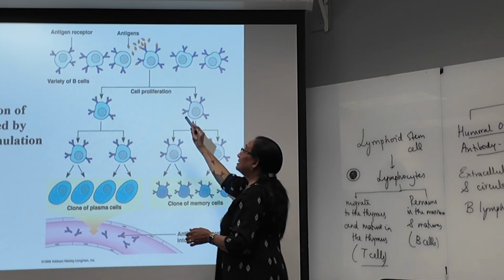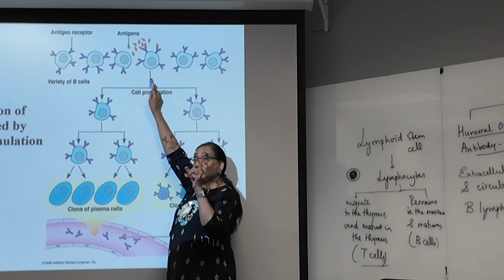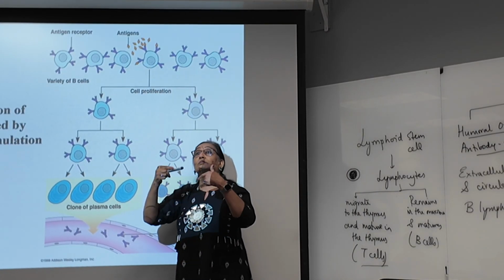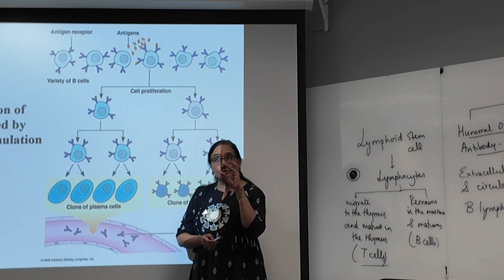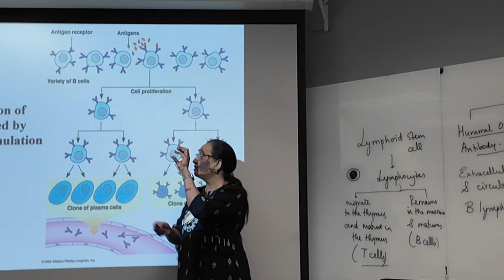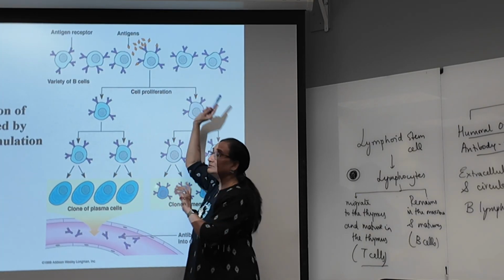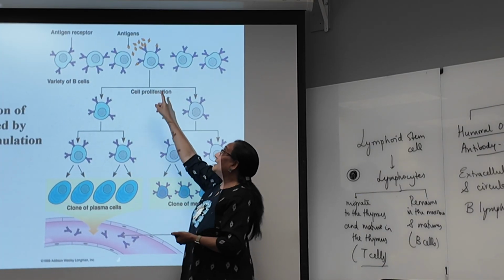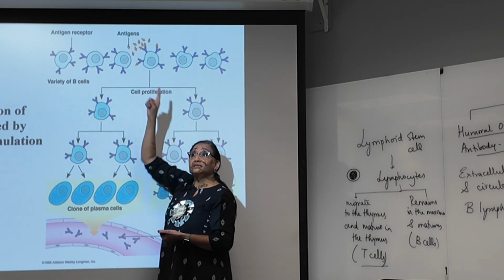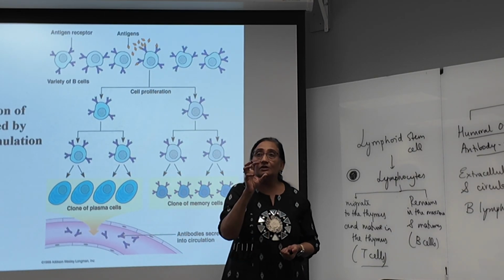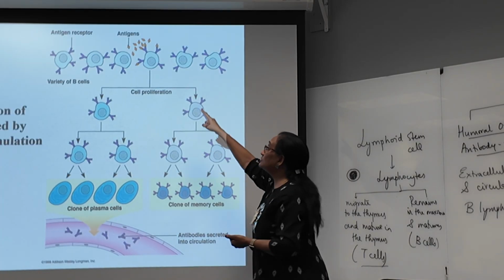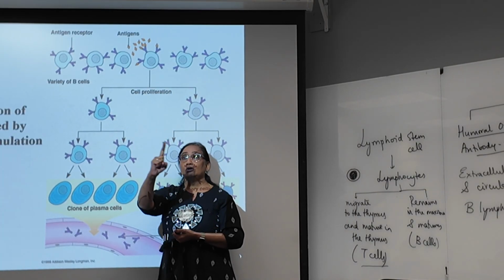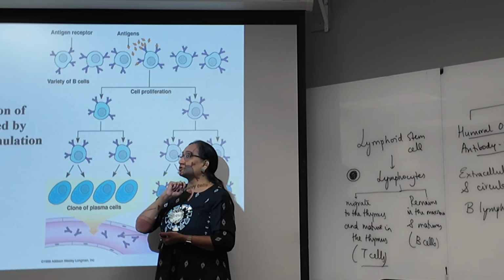And now only this population of B cells will start multiplying and making more copies. When you start off, you have a small number of each. Then when this particular B cell recognizes the antigen, it starts to multiply and make more copies, because you need a lot of them to go around looking for the antigen and destroying it.